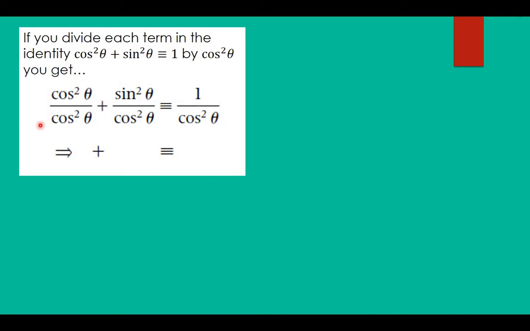So for our first term, these cancel out and we get 1. For our second term, well, sine over cos is tan, so sine squared over cos squared is tan squared. And 1 over cos is sec, so 1 over cos squared is sec squared. So this gives us a new identity involving one of the reciprocal trig functions.